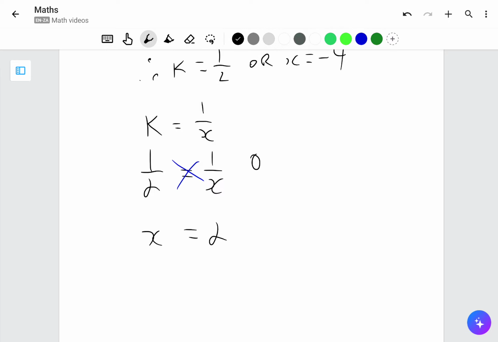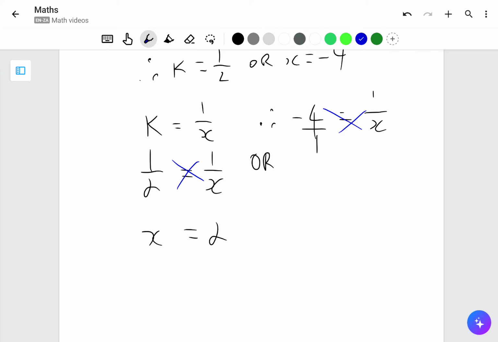And then remember there's two values now for k, right? K is also negative 4. And negative 4 will now equal 1 over x, right? Because remember k equals 1 over x. You guys can put this over 1, and then again we can cross multiply.